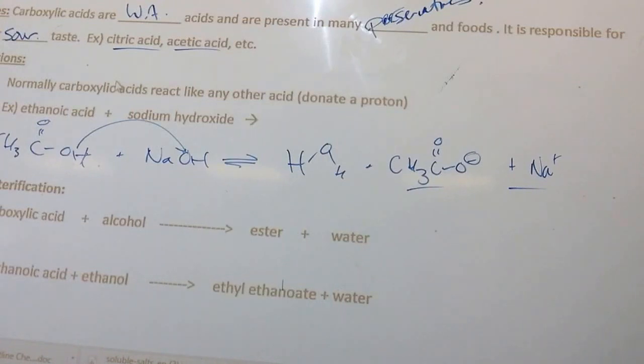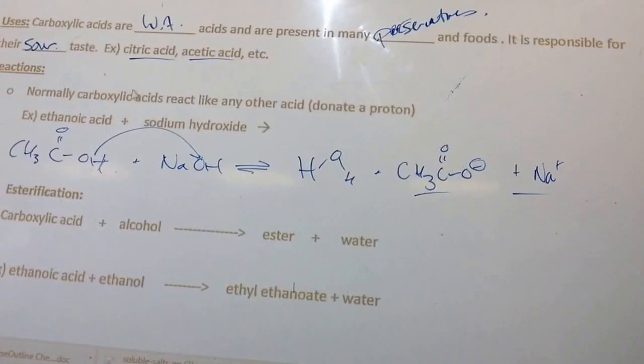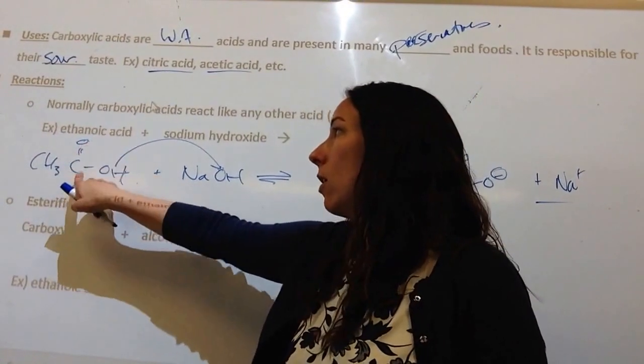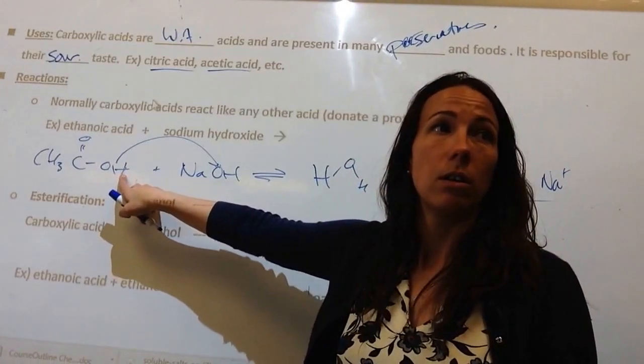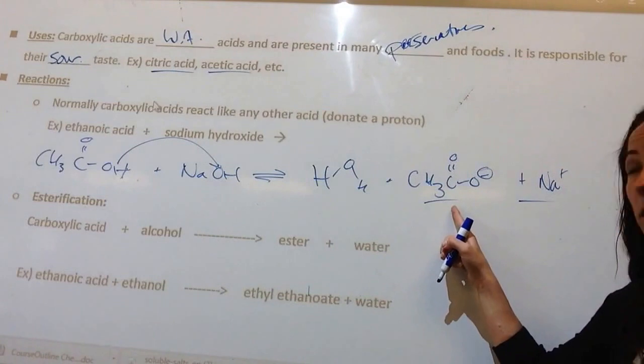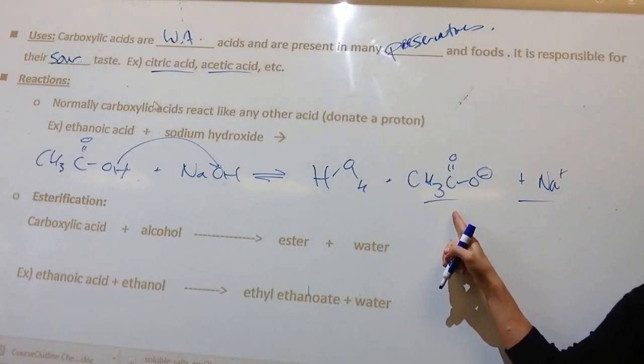Is that a double O? Where? On the CH3COO? CH3COOH. Okay. And then ethanoic acid. No, on the right side. It's a minus. Oh, that's a minus sign. CH3COO minus.